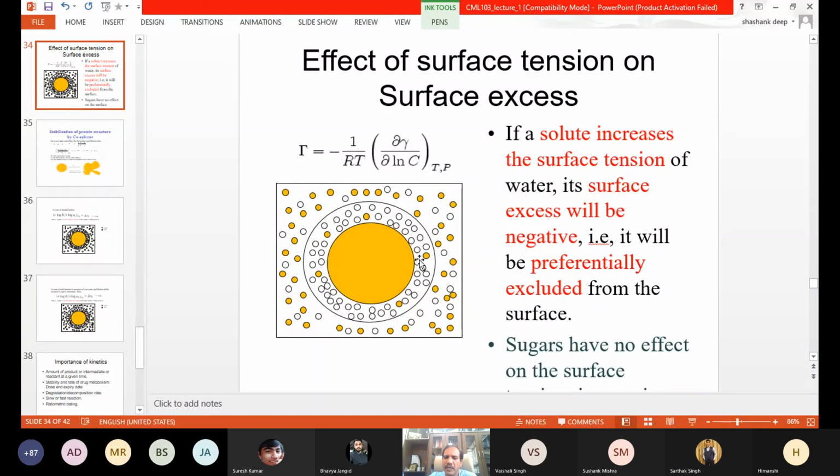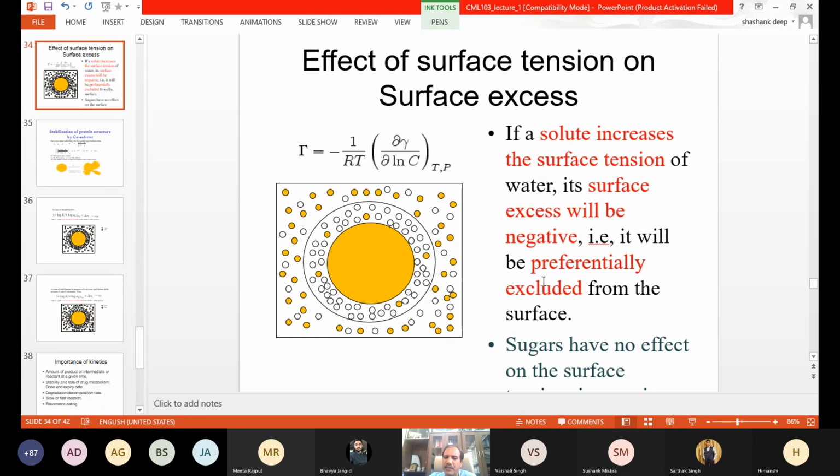And so what happens, there are two cases. For example, if I take a surfactant, what does a surfactant do? It decreases the surface tension. Then there will be more of it here. If there is more here, then it will bind to this protein, that is called preferentially bound.